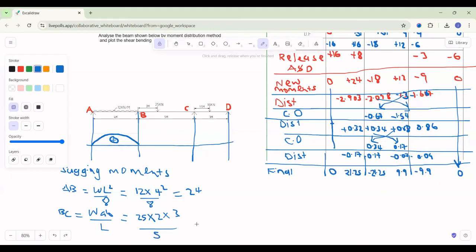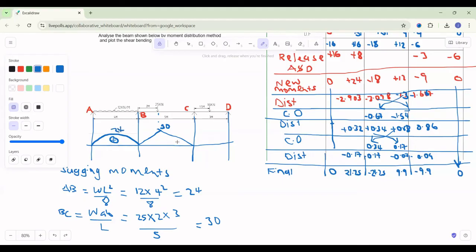If you work that out, it will be 5 times 6, so this will be slightly bigger, 30. It will look like a triangle, the maximum will be 30, and this will be 24.